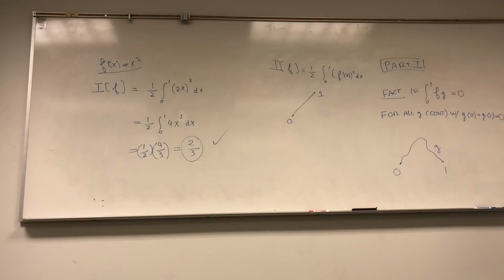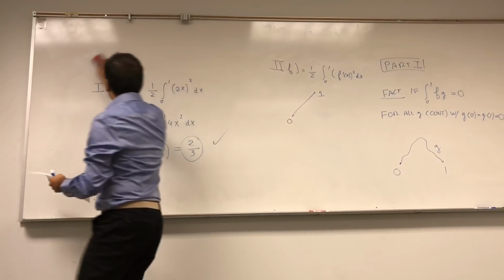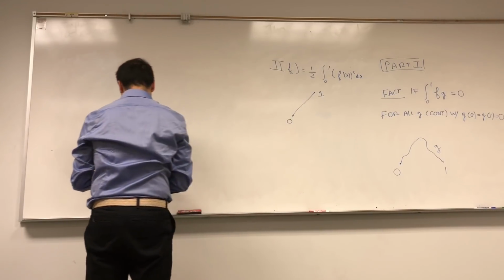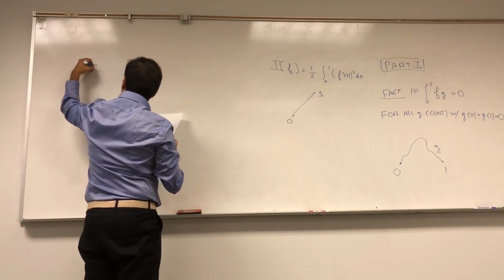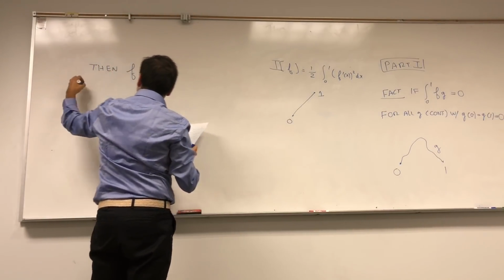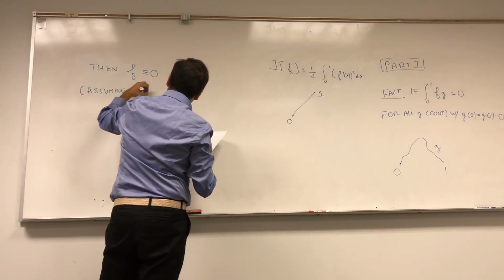In other words, if you test f with any function g and you get 0, then f has to be identically equal to 0, assuming f is continuous.